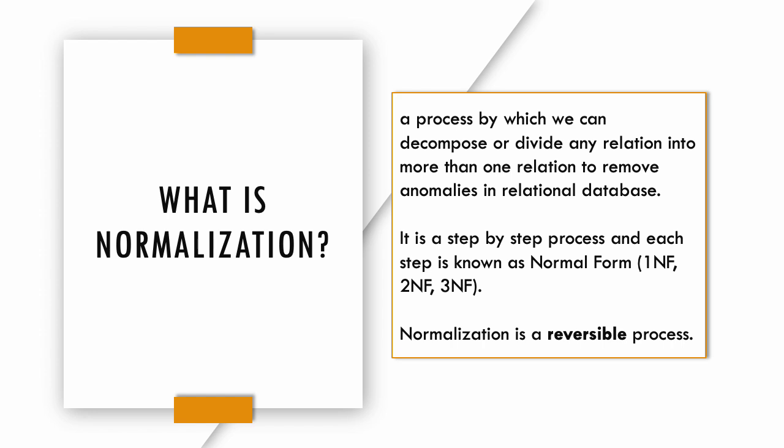So, normalization is more like a reversible process. This means that if you've broken down a table into smaller tables, or relations, during normalization, you can combine them back into a larger table if needed. And this ability to reverse the process is useful when performing certain database operations or when revisiting the database design.